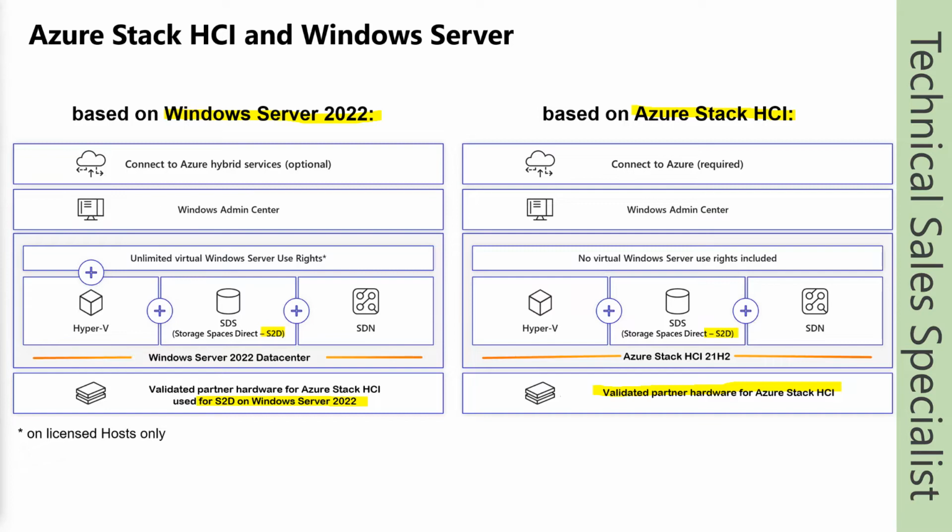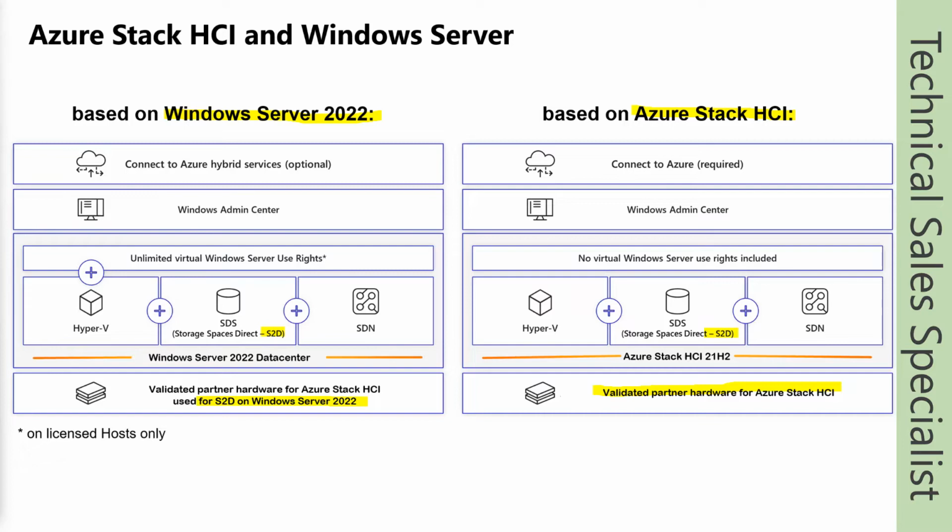For our virtual machine workloads, we can add Windows Server licenses. We discussed this in the module on licensing Azure Stack HCI and workloads. There you have a complete explanation of how this works, where you have to look, and which different licensing options there are.